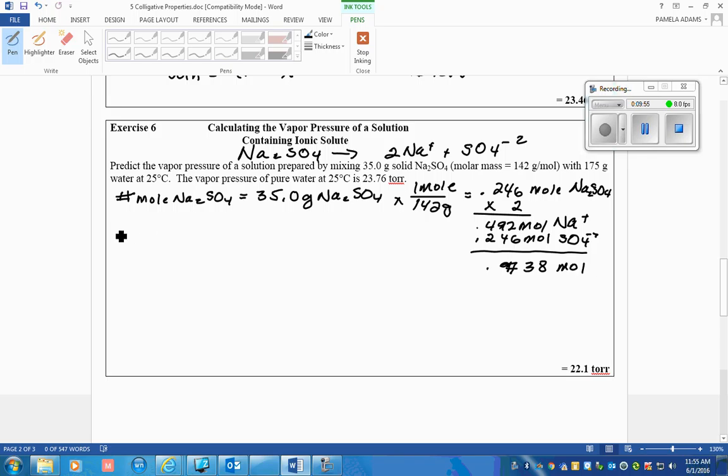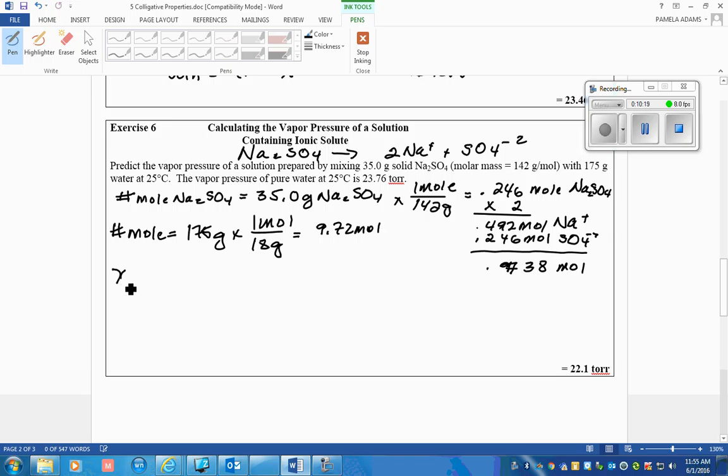The number of moles of water equal to 175 grams of water is equal to 9.72 moles.